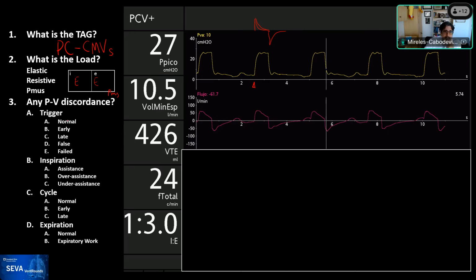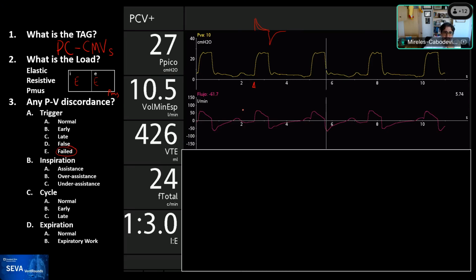And then the next question is, what's the PV discordance? If we start with the trigger, the question is: is it normal, early, late, false, or failed? Rapidly, you guys are starting to see, and I see you reading that this looks like a failed trigger.